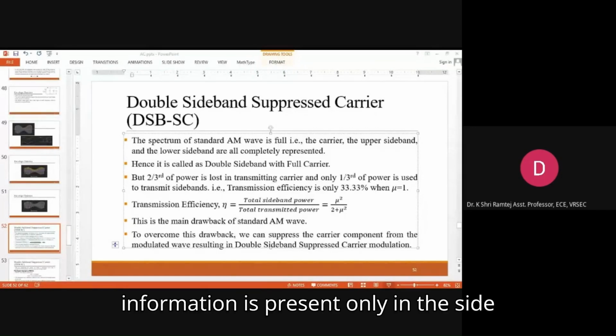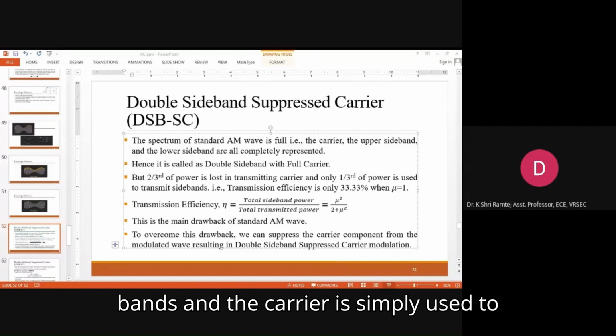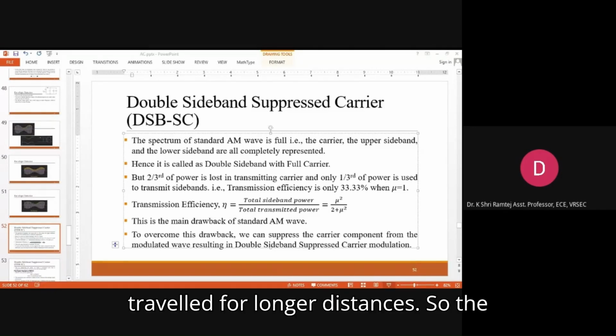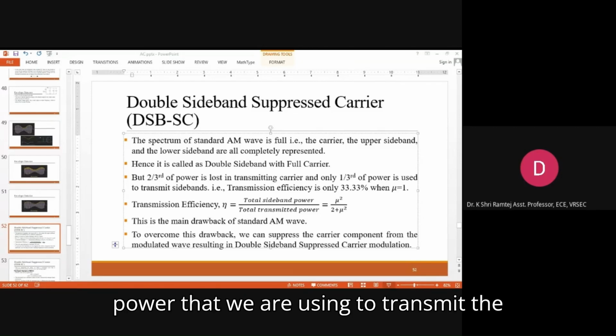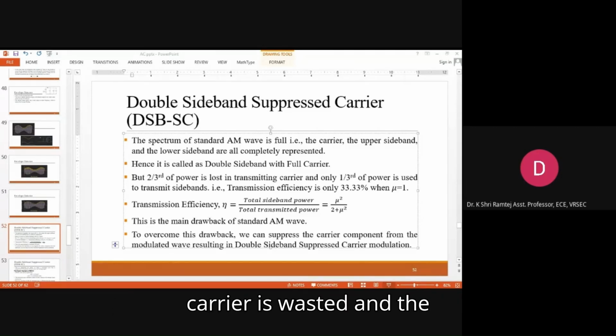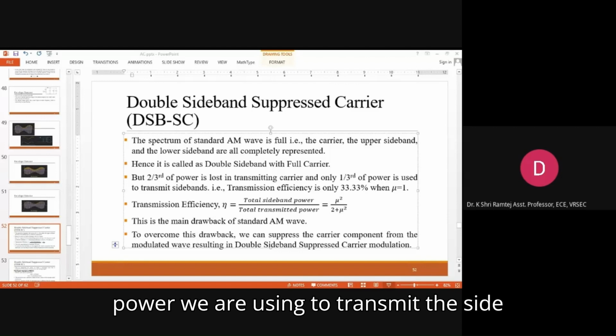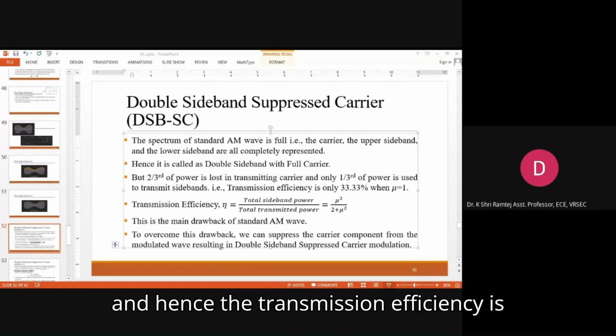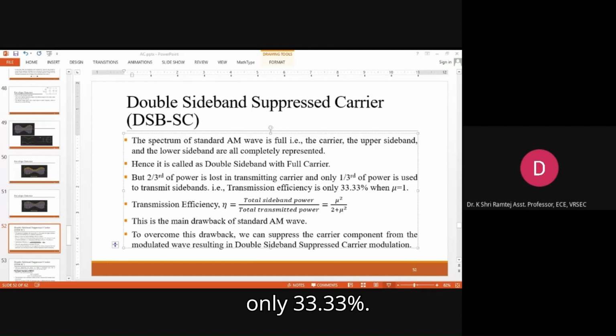Since the information is present only in the sidebands, and the carrier is simply used to make sure that the message signal travels longer distances, the power used to transmit the carrier is wasted, and the power used to transmit the sidebands is the only useful power at the receiver side. Hence the transmission efficiency is only 33.33%.